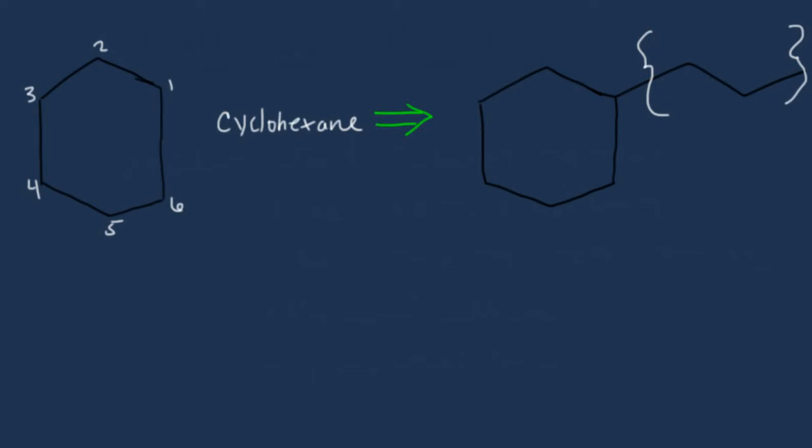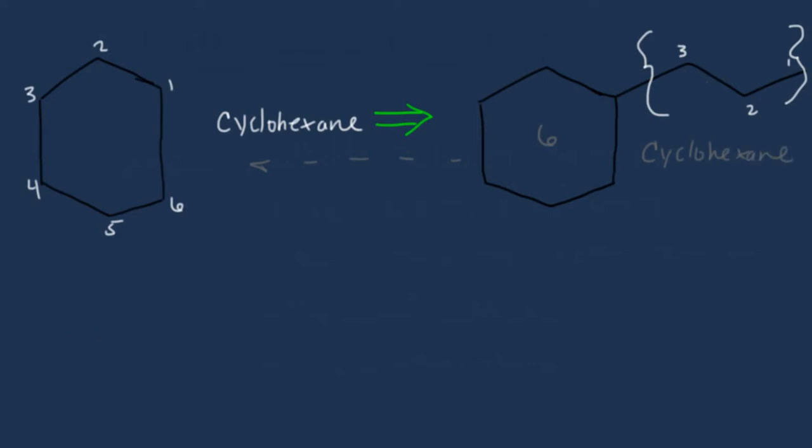So let's name the one in brackets, call that one our carbon 1, 2, and 3. And we know that the ring is a 6 carbon ring because that's the same as the one that was over there. So we see that 6 is greater than 3, so we have our cyclohexane as our parent, and then we have something sticking out of it.